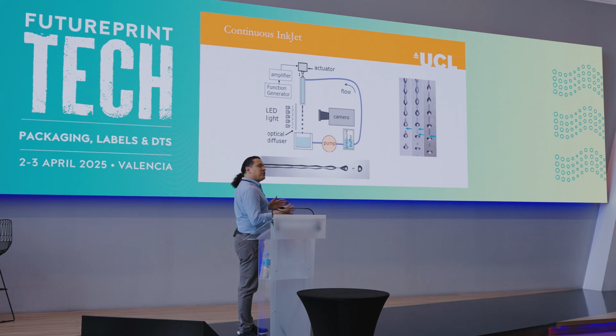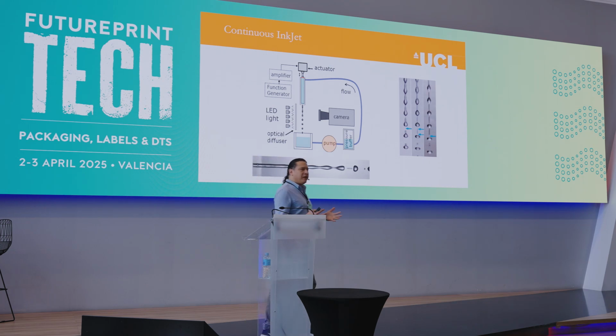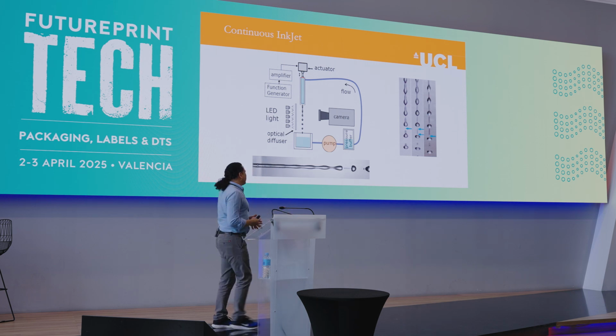And finally, CIJ, we're also interested in continuous inkjet for labeling applications. They are much faster than drop on demand, about 20 meters per second, 20 or more, 80 kilohertz. By the way, a lot of my collaborations are Domino, AFCA, Archipelago, of course. This is in collaboration with Domino.